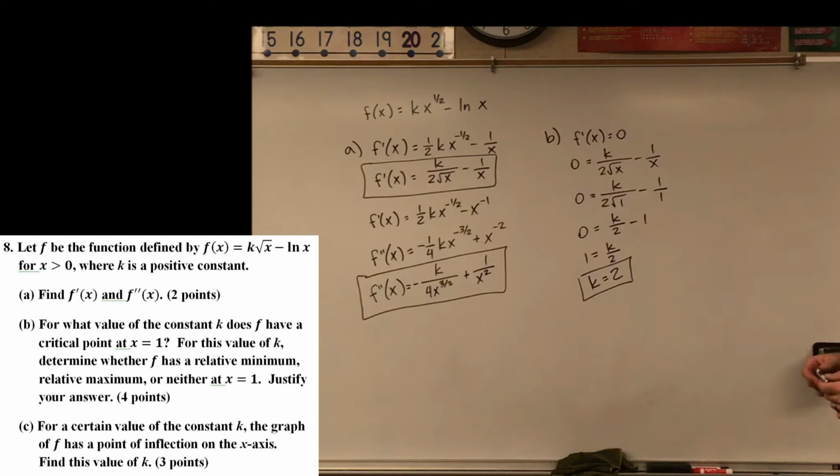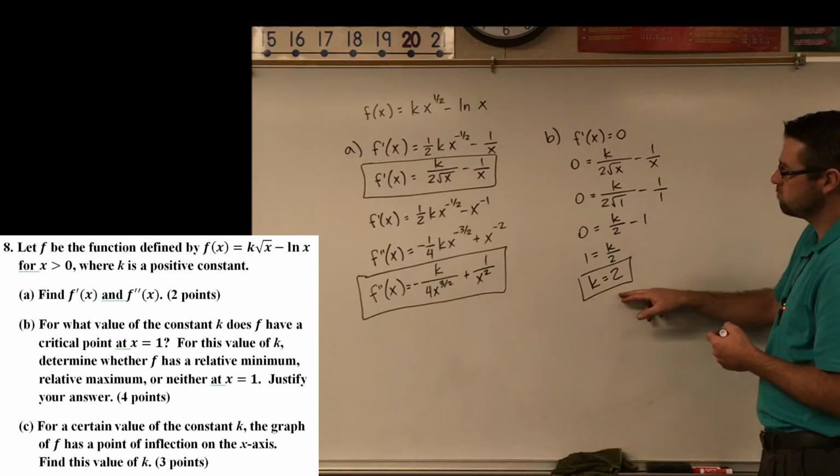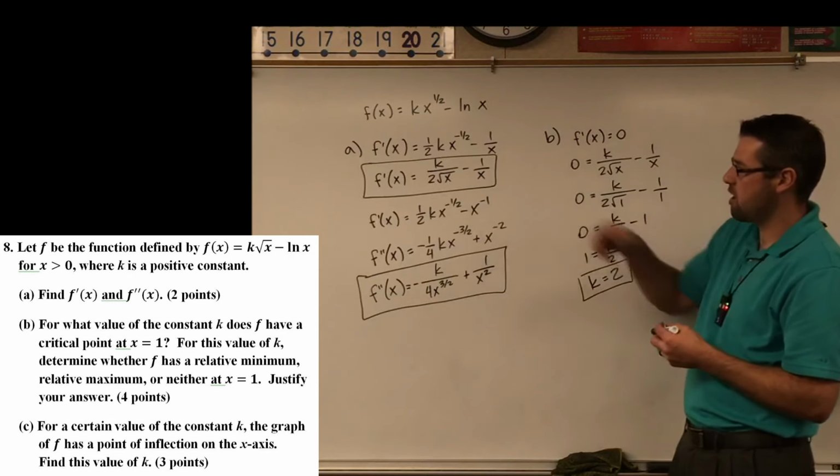Well, that's for the first question in part B. It says now for this value of k, determine whether f has a relative min, relative max, or neither. How do you determine that? We've got to figure out if it changes signs, and see what kind of signs it changes. So if k equals 2, we're going to plug that back into f prime.